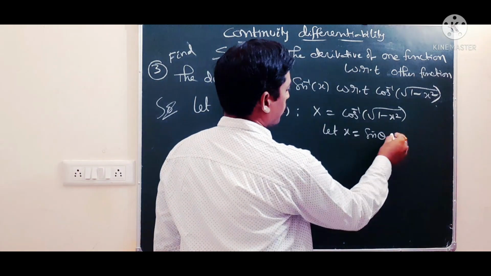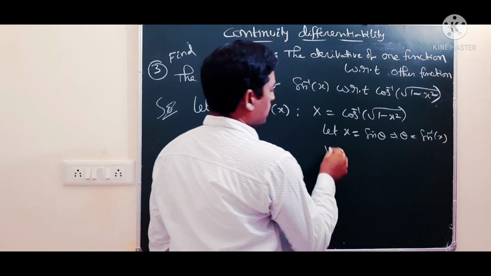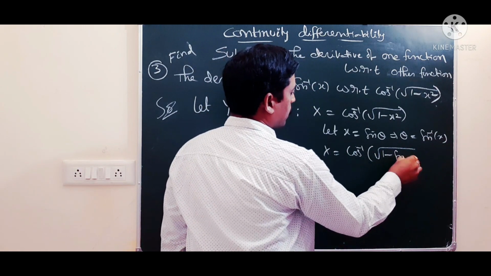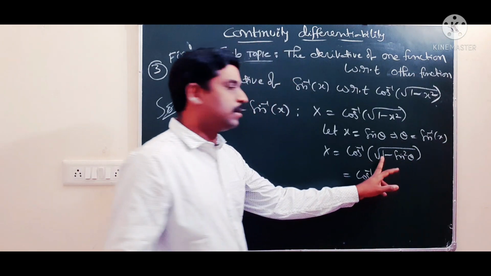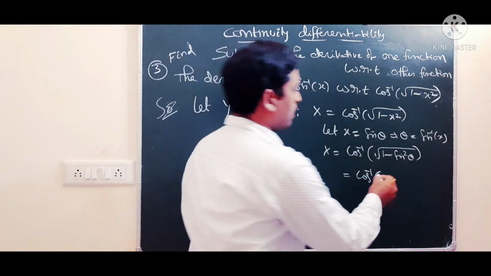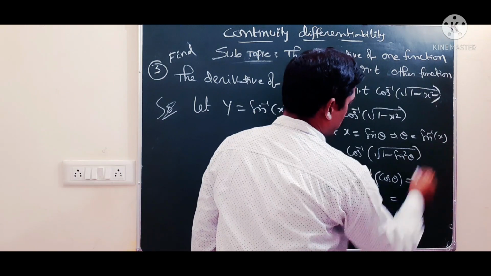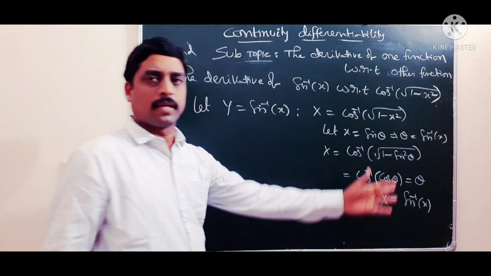So theta is equal to sin inverse x. Then x is equal to cos inverse of root 1 minus sin square theta. Root under 1 minus sin square theta, we have the cos theta formula. Cos inverse of cos theta will be theta, that is sin inverse x. So x is also sin inverse x.